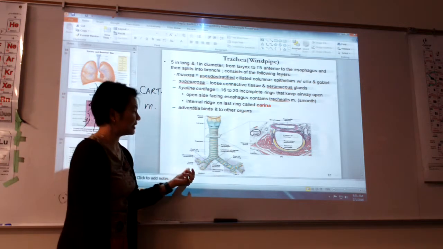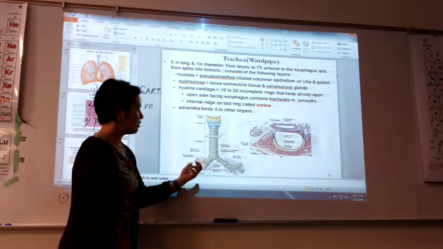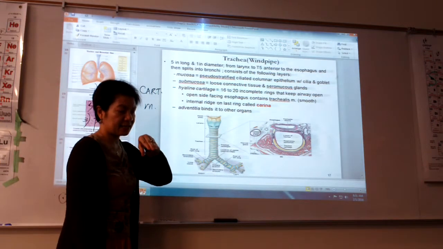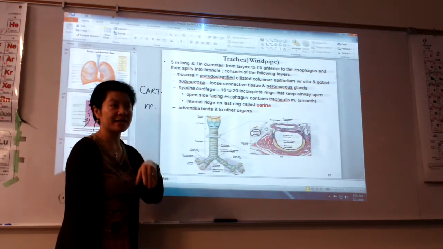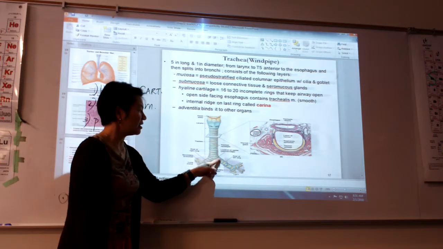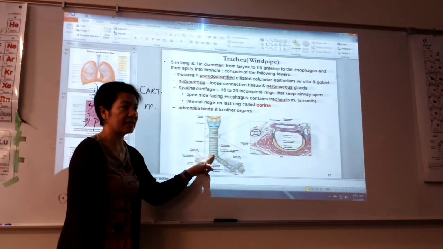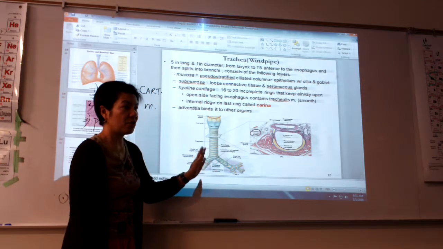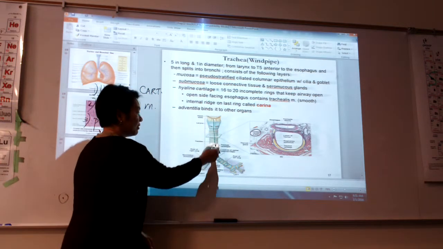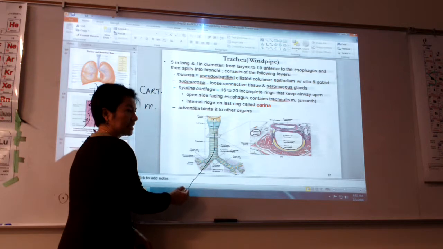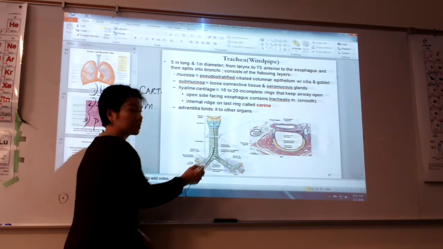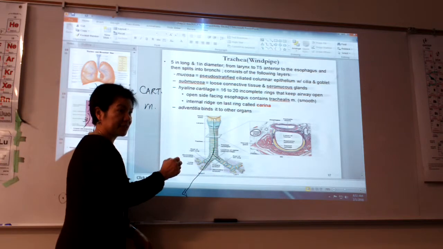The reason is the right bronchus is wider and it goes down directly. The angle right here for the left bronchus is more acute. So bacteria, if they go down, it's easier for them to just settle down here than here. There's like a sharp turn for them on the left side.